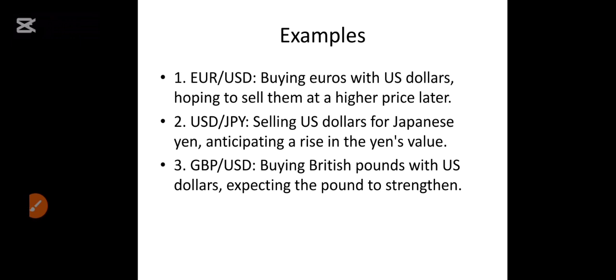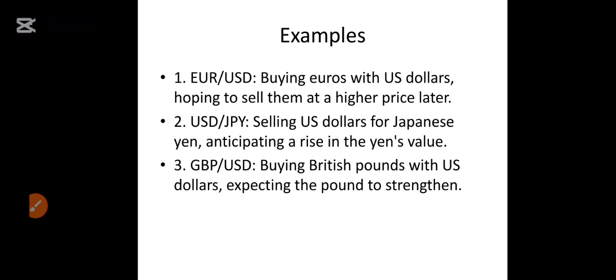Which means if you have $100 and you exchange it to Japanese yen, we are anticipating that when the Japanese yen increases in value, you'll be making approximately $120 to $140 at the interest rates. Okay, that's the anticipation of a rise in the Japanese yen. That's what it tells on selling USD against the Japanese yen.